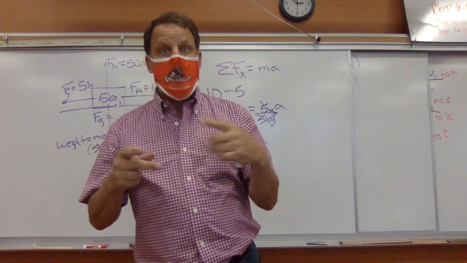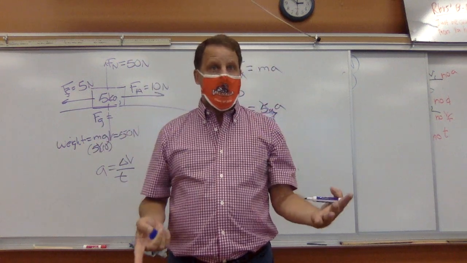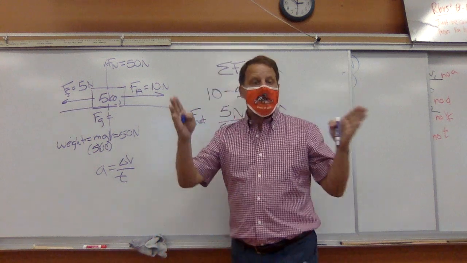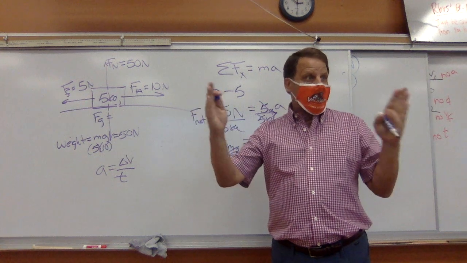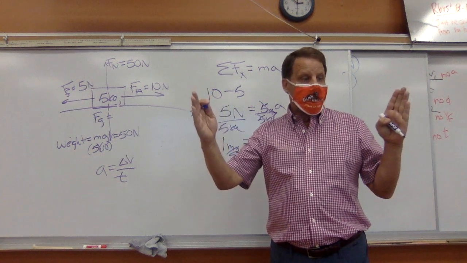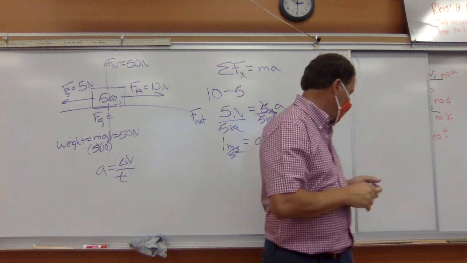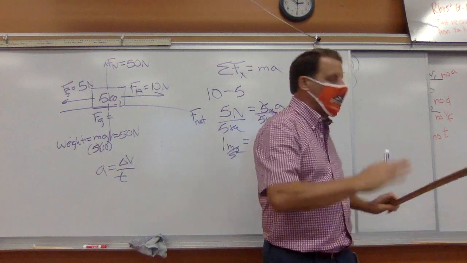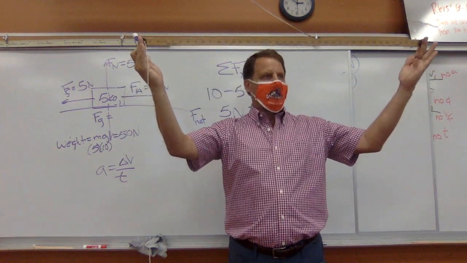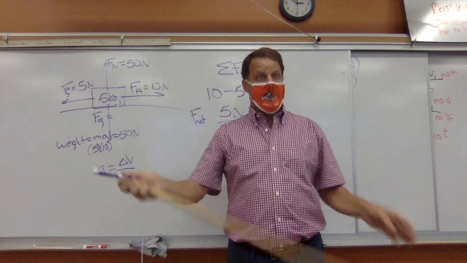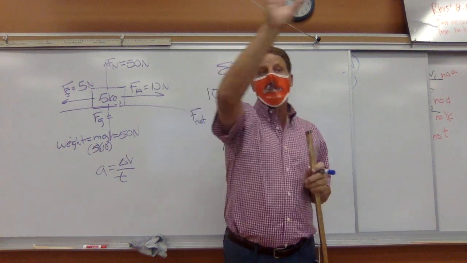Okay. Now, in science, we're going to use the standard units, and the standard units is another way to say the metric system. So miles is a distance. What is the metric unit for distance or displacement? You guys, how long is this? 1 meter. Okay, so our standard unit for distance is meters.